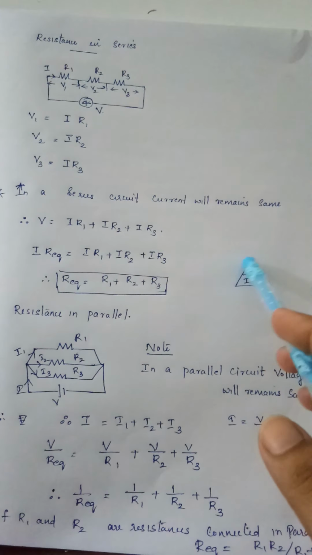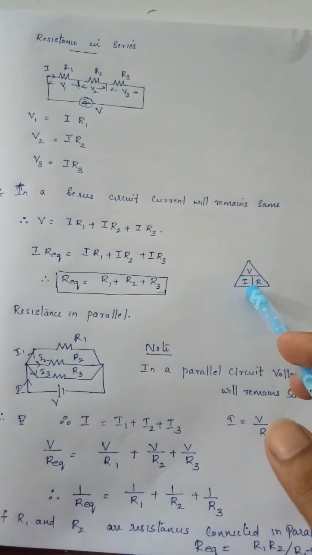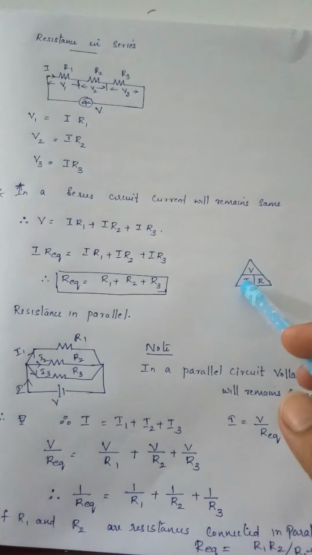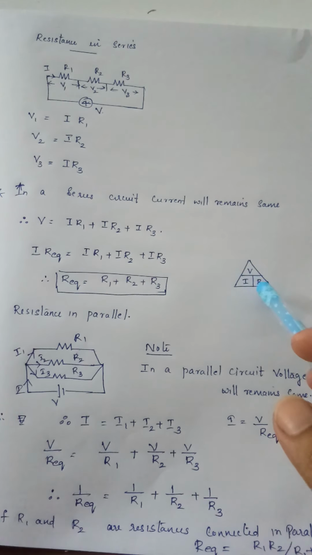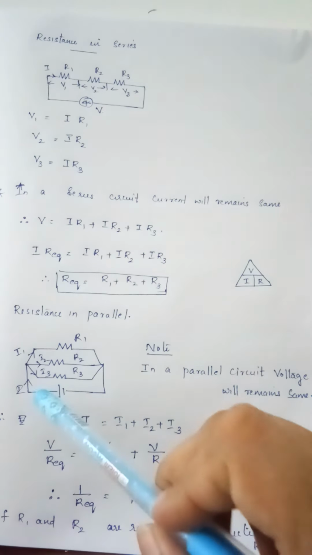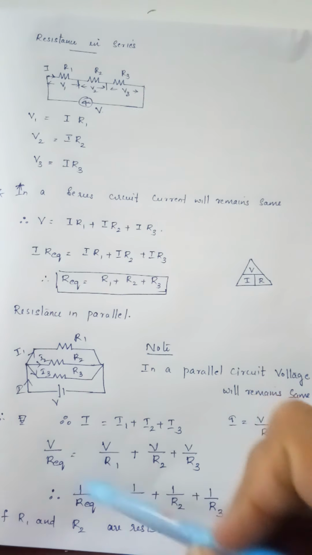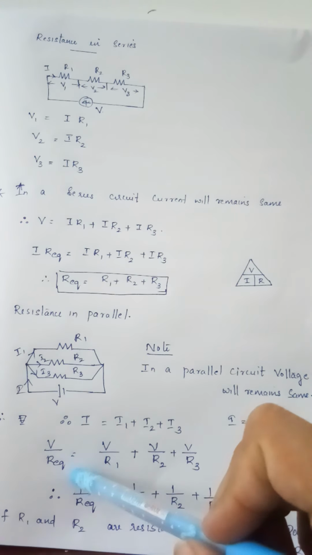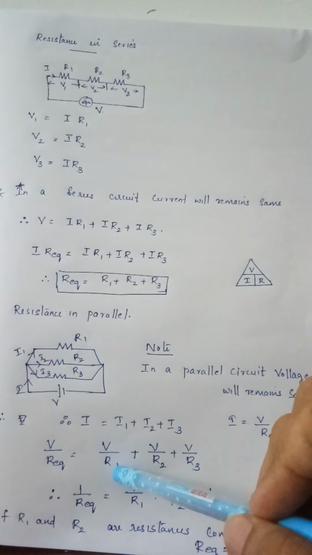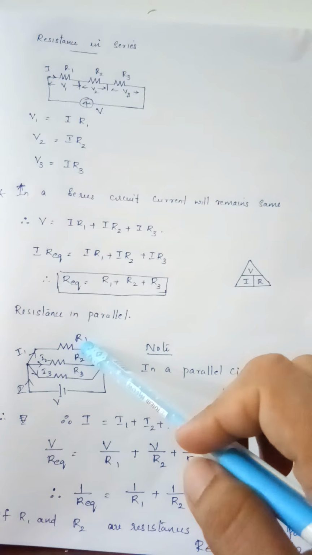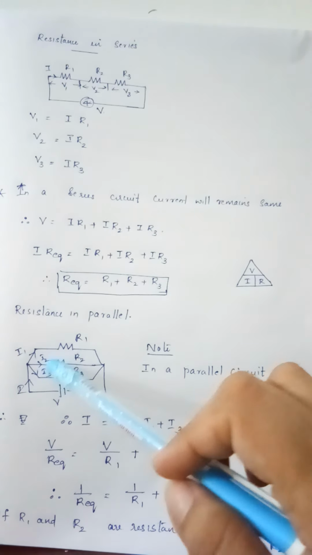So from Ohm's law, this is the Ohm's law triangle. From Ohm's law we can write that I is equal to V by R. So here total current I is mentioned as V by R equivalent. V by R equivalent equals V by R1, that is I1, current flowing through R1 resistance, plus I2.